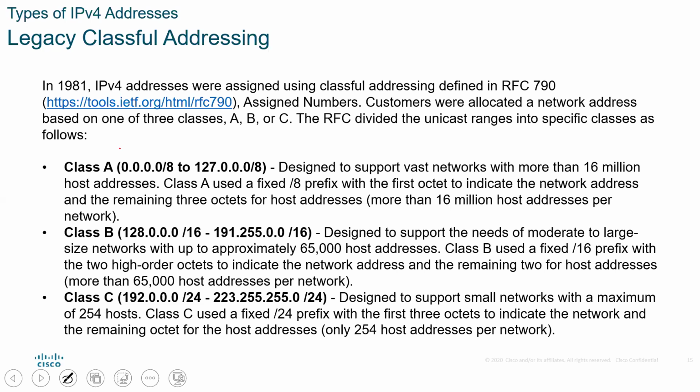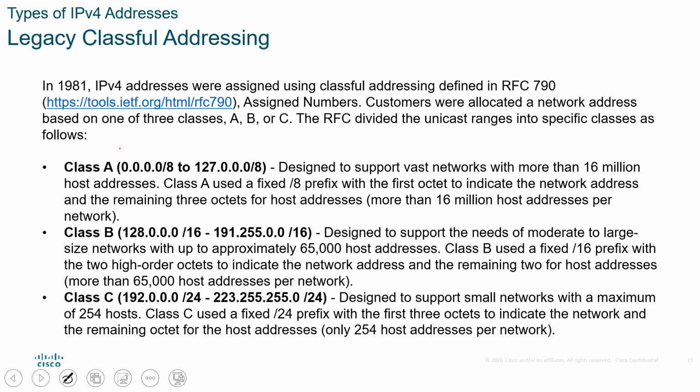Now, in 1981, IPv4 addresses were assigned using classful addressing defined by RFC 790. Customers were allocated a network address based on three classes, A, B, or C, which divided the unicast range into specific classes.